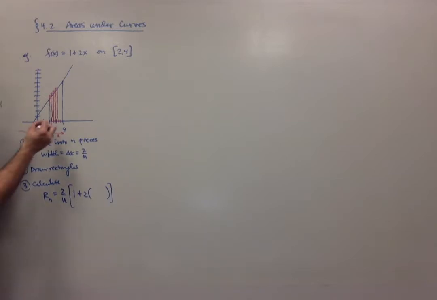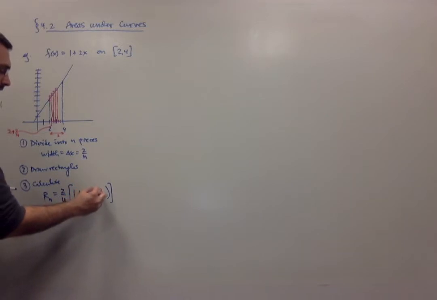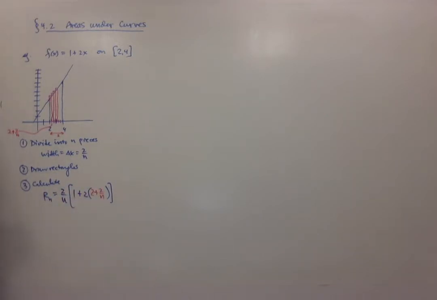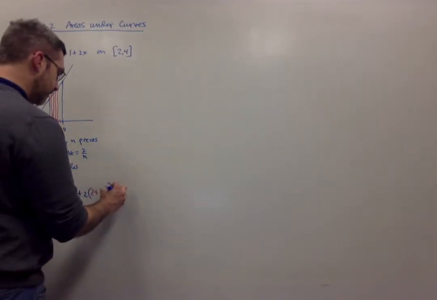Now this point right here, we're starting at 2 and going over a little bit. We're going over the width of the rectangle. So the width of the rectangle is 2 over n. So that point right there is 2 plus 2 over n. That's what we're going to plug in to the function. Okay? Got it?